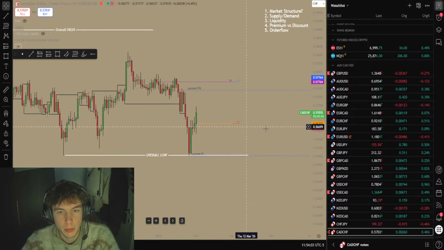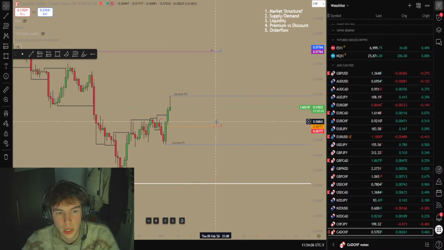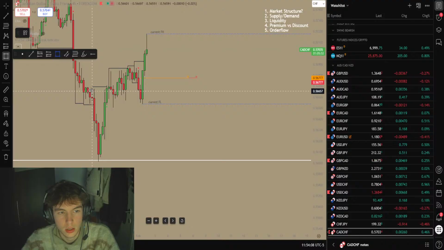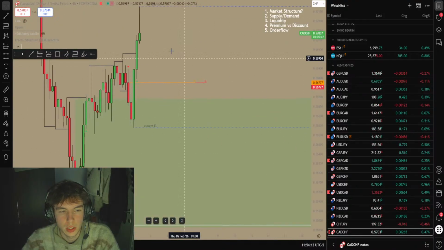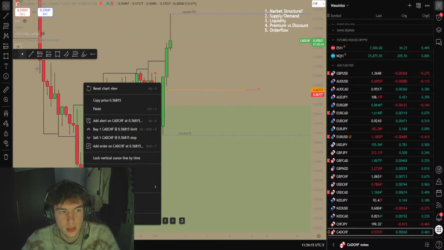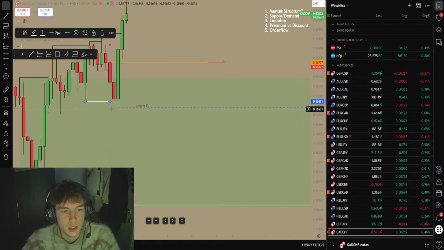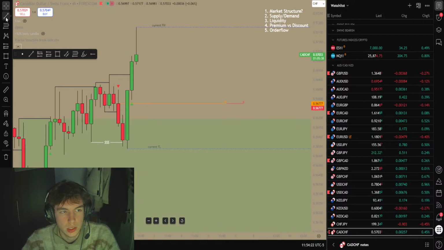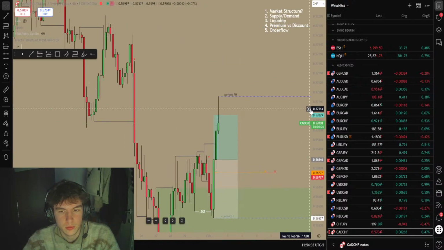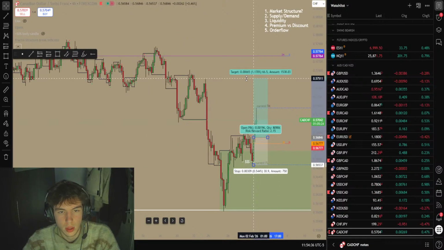So I'm expecting more bullishness from here. You can see here we get a change in state. What do we do after we get the change in state? We get a sweep of this low. Here we get a fractal shift. Here you had a change in state. So you could have entered off here, targeting this first high.